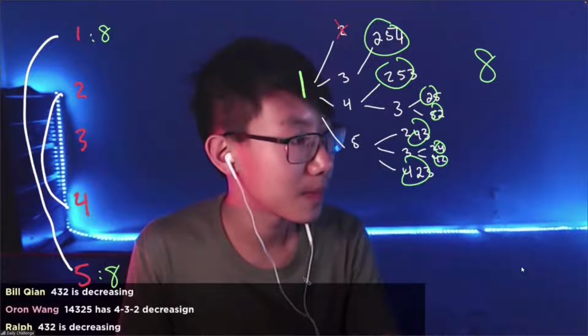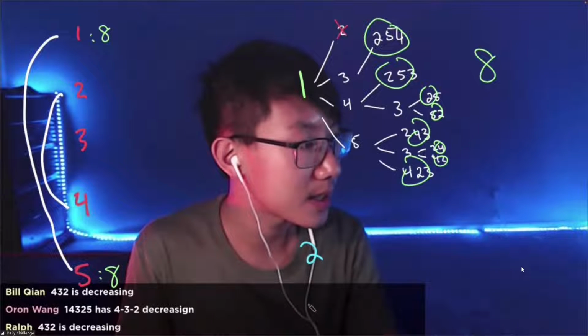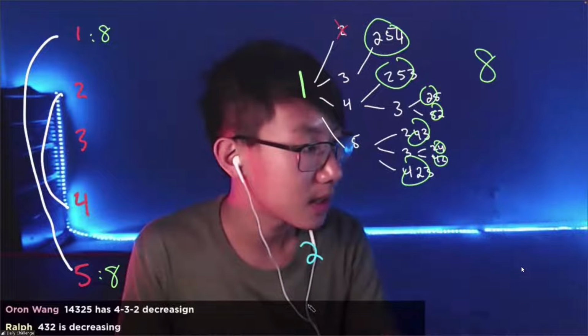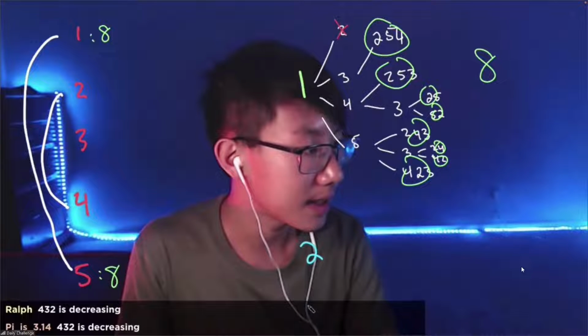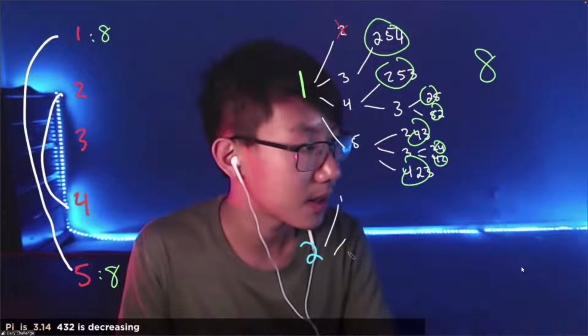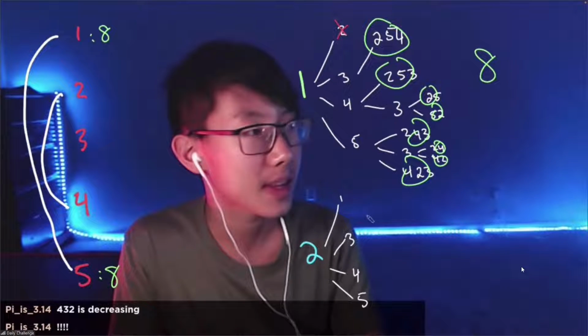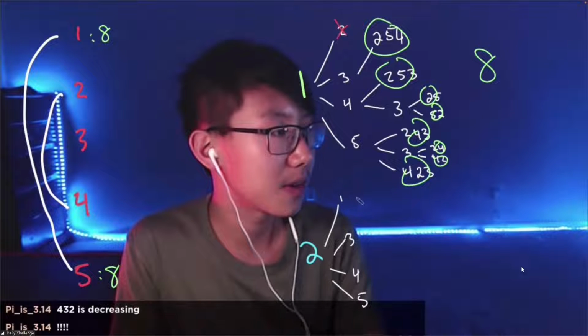Let's look at 2. So how many cases will I have for 2? We can start by going to all of the numbers because that's still legal. And then from there, if we go 2, 3, 4, 5, we keep going. So 2, 1 can go to any of 3, 4, 5.